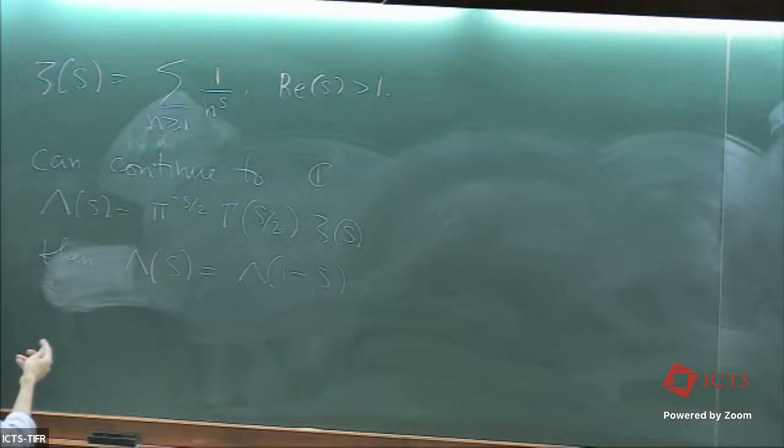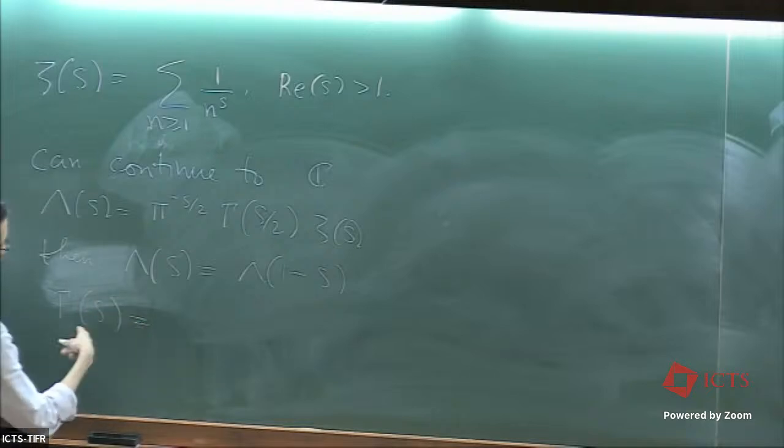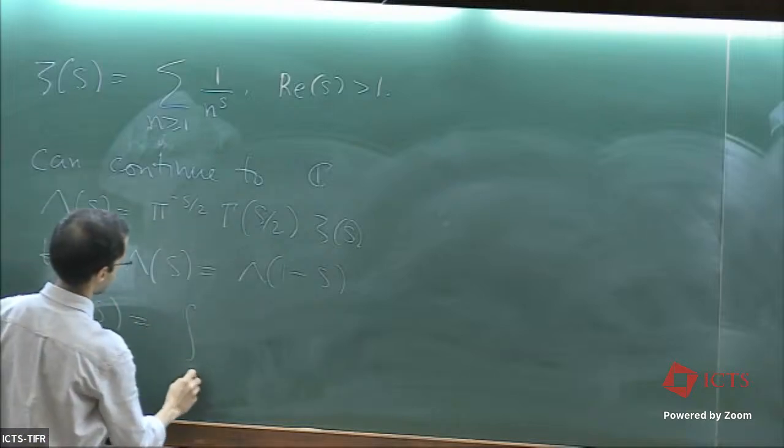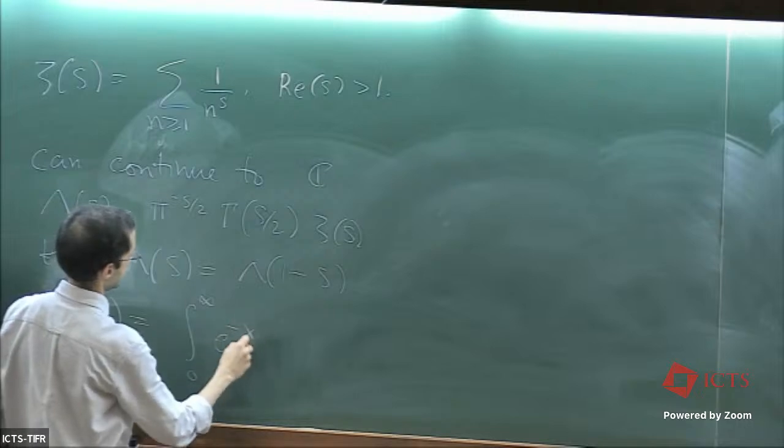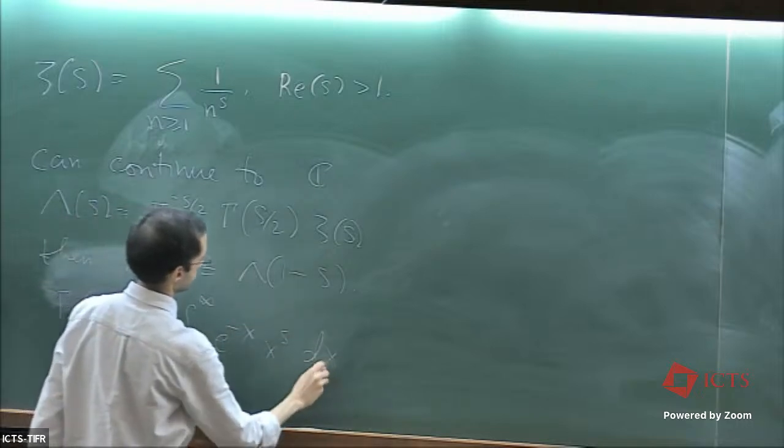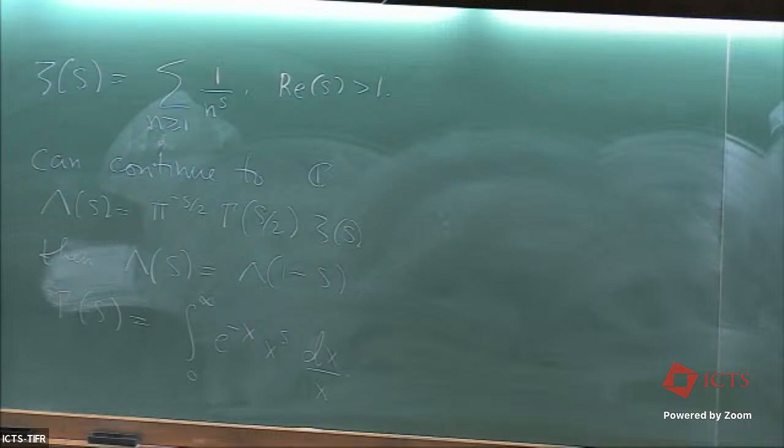Just for the sake of completeness, because this is a workshop, let me recall that the gamma function is nothing but the Mellin transform of e to the negative x. And also the fact that this gamma function has some nice explicit asymptotics.